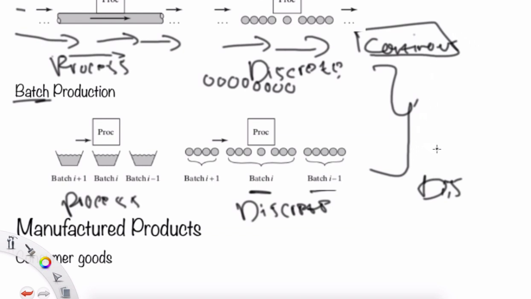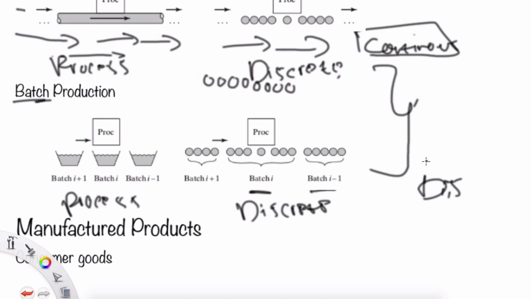But in batch production, it is discontinuous because the nature of the process requires that only a finite amount of material can be accommodated at one time.